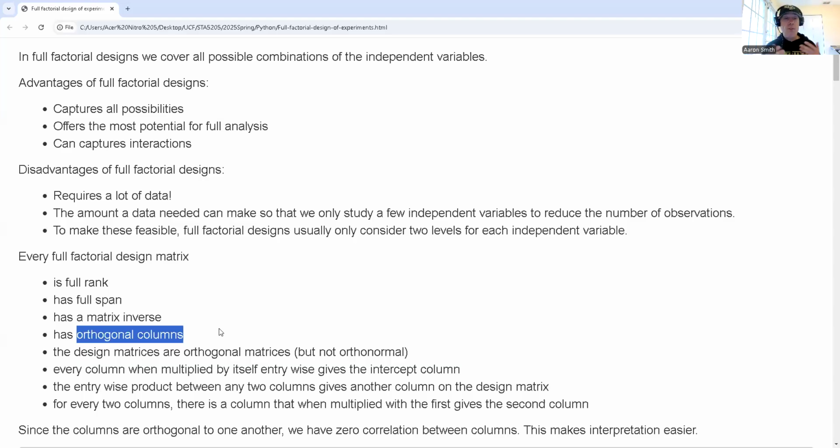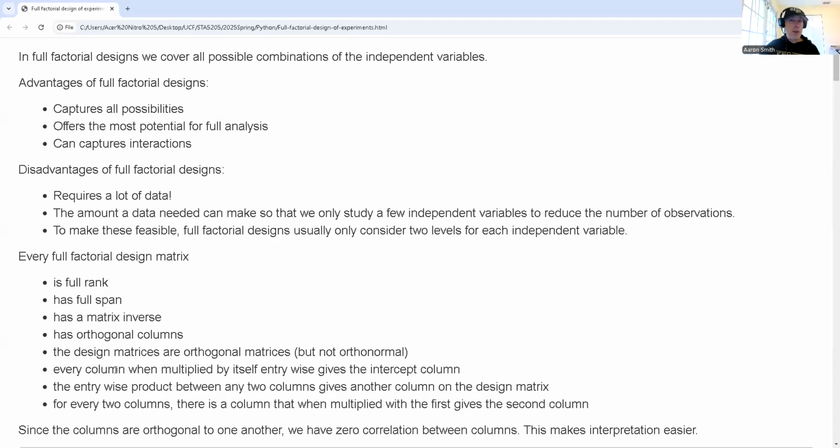That means we're going to have 0 correlation between our predictor variable columns, so it's going to be easier for us to interpret things, and we're not going to have to worry about any correlation issues. So we're going to have an orthogonal matrix: all the columns are going to be perpendicular to each other in terms of the dot product. Note that these will not be orthonormal matrices, except in the trivial case.